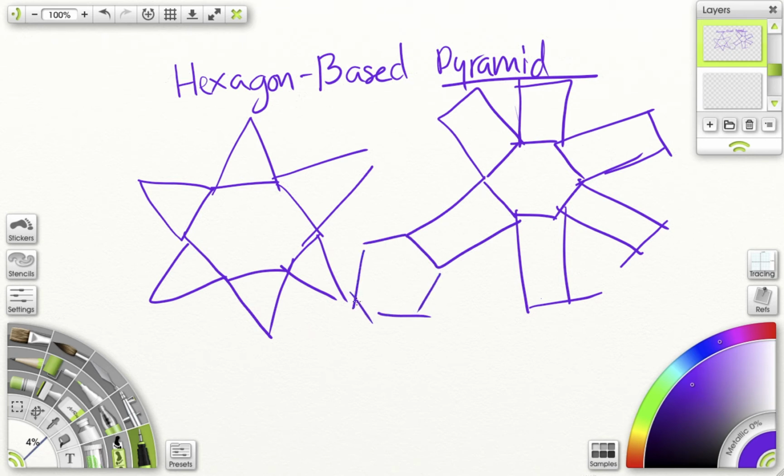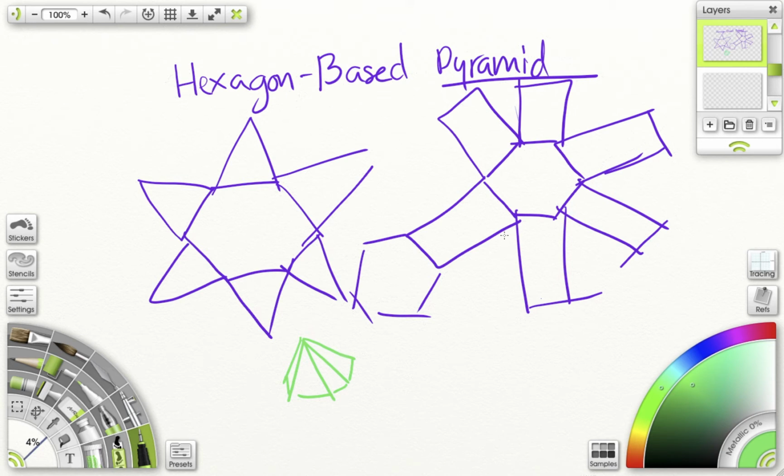So between these two nets, which one would create a pyramid? Well, we know pyramids have to have lots of triangles. So between these two, this is the only one that has triangles. And if I were to fold it up, all those triangles meet together at a point so that when I have the pyramid built, it would look something like this, where I have a hexagon at the bottom and then all those triangles meet together at a point.